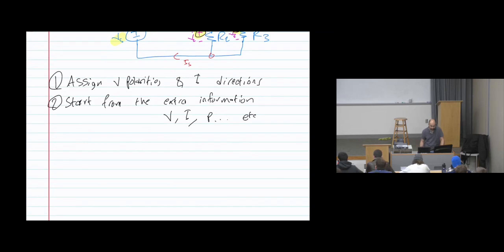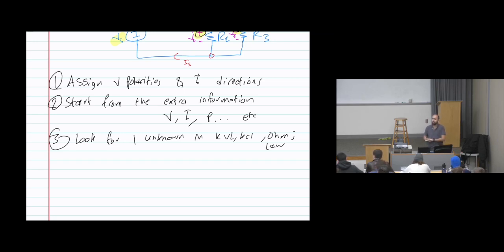Then, step number 3: when you do your analysis, look for only one unknown in KVL, KCL, or Ohm's law. After you start from the extra given information, you need to apply one of these three, KVL, KCL, or Ohm's law, such that there is only one unknown.